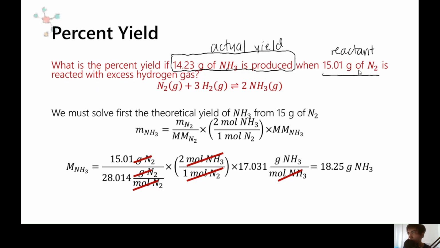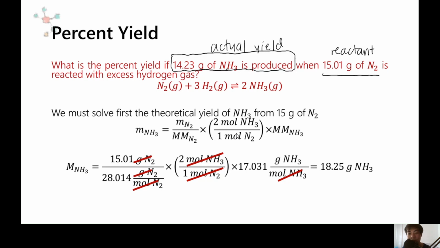So, paano natin kukunin yung amounts of products from our reactants? Ito lang yan. Convert mo yung mass ng reactant into moles of reactant. So, ito yung equation, mass over molar mass. Then once you have the moles of your reactant, you have to convert that into the moles of your product.